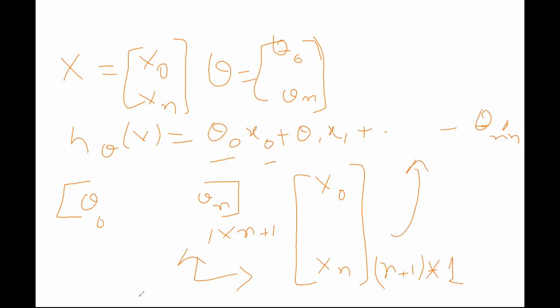And what is my theta? What will this matrix be? This will be your theta transpose. This is my theta matrix, and if we transpose it, here I have just a single column, so it will be converted to a single row.